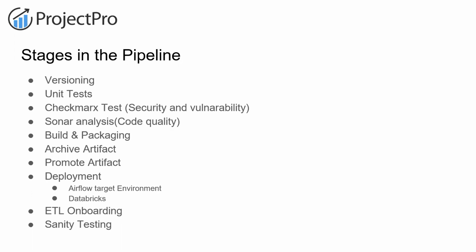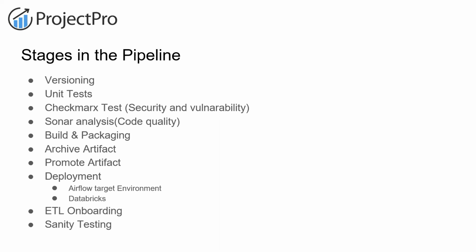These details will be in the JSON file, and this JSON file will be hosted in a basic or minimal RDBMS system, and from that system the ETL framework will read what the source and the target are, and then this will be parameterized and sent to the Databricks job.